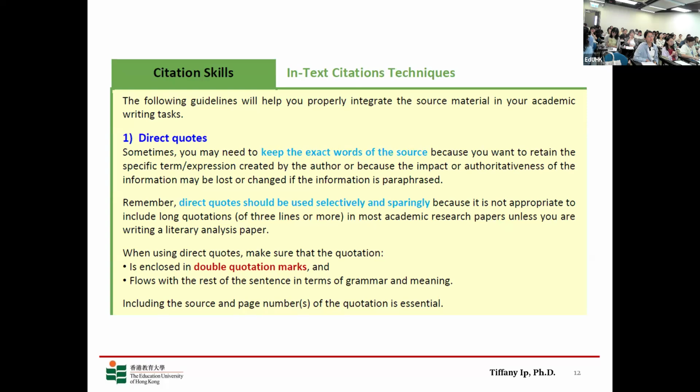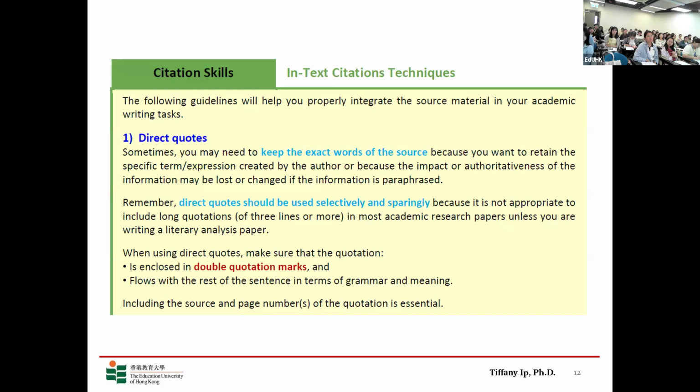And when you use direct quotes, make sure you do not just have the last name and the year of publication, but also make sure the text is in double quotation marks. That reminds me of one more thing. Sometimes when you want to emphasize a word, I know some students use double quotation marks. But in APA citation, the American Psychological Association format, double quotation marks have a special meaning.